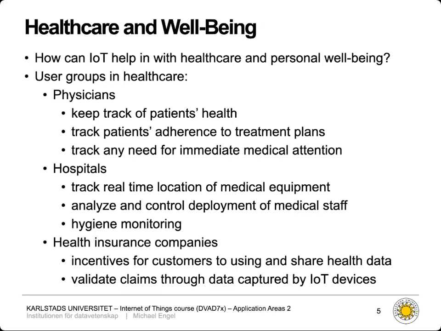So here, IoT applications combined with, for example, localization support can help to track the real-time location and also the state of medical equipment. IoT can help to analyze and control deployment of medical staff, so they can figure out where persons working in your medical team are currently located inside of your hospital, and tell them to be relocated in case of an emergency, for example.